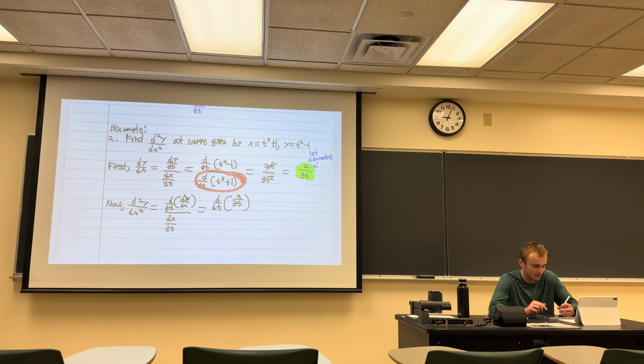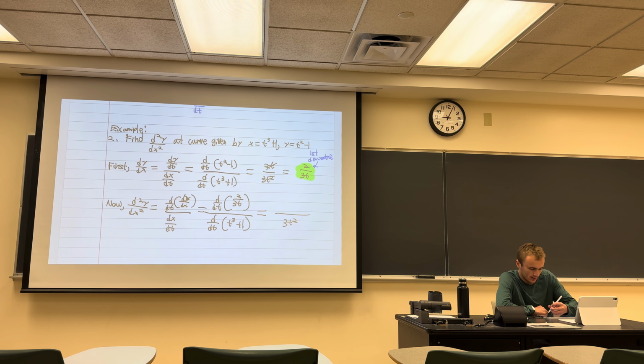So it's really just taking the derivative of that denominator again. That's all that's going on here. So divided by d dt of t cubed plus 1. Well, we already know that denominator just is 3t squared. Then this numerator, we take the derivative of that.